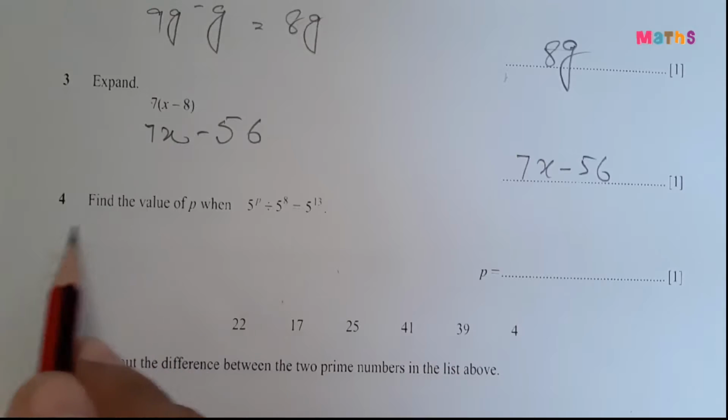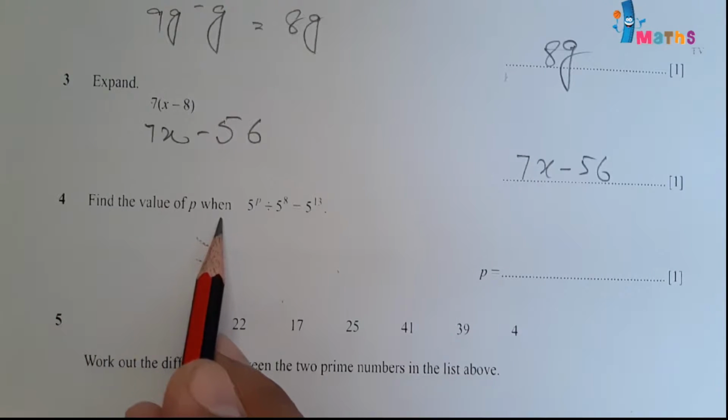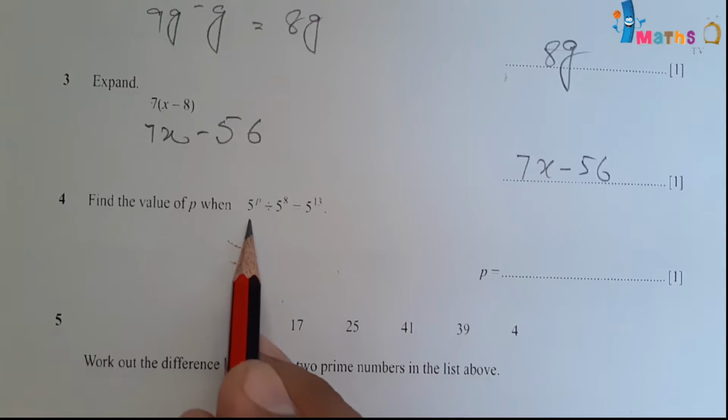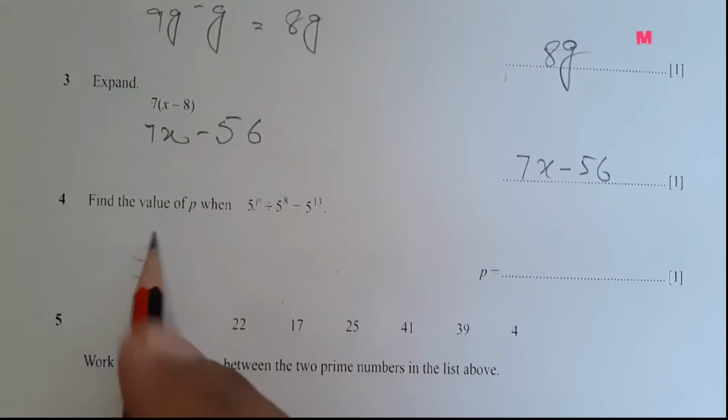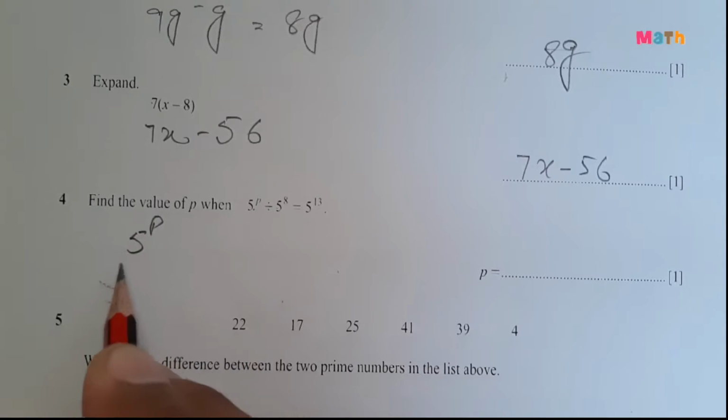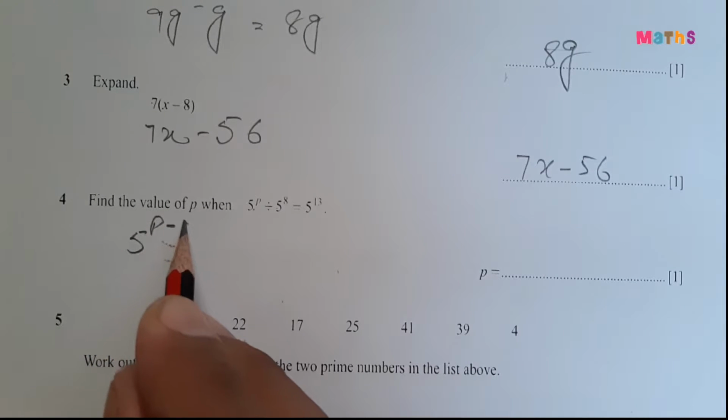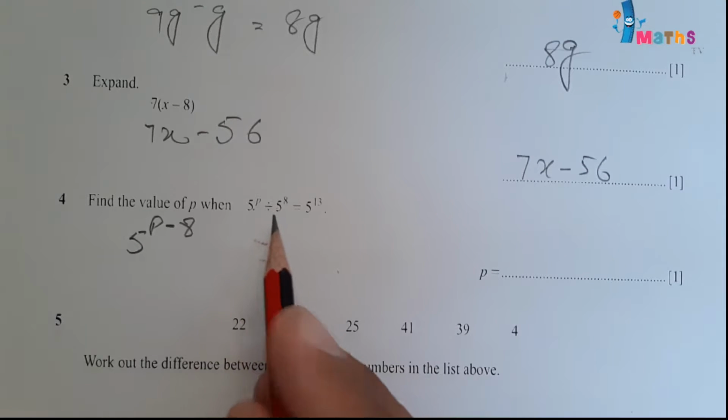Question number 4. Find the value of p when this expression is given. So we can write 5 raised to power p minus 8, because this is division.